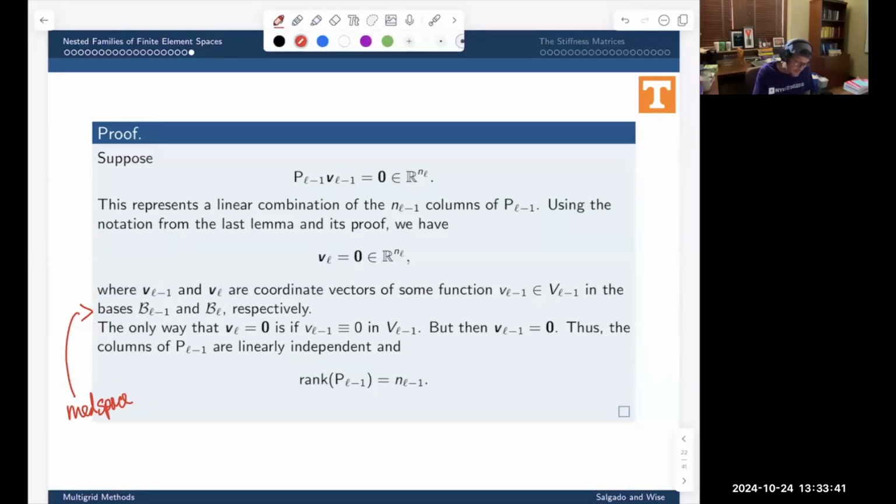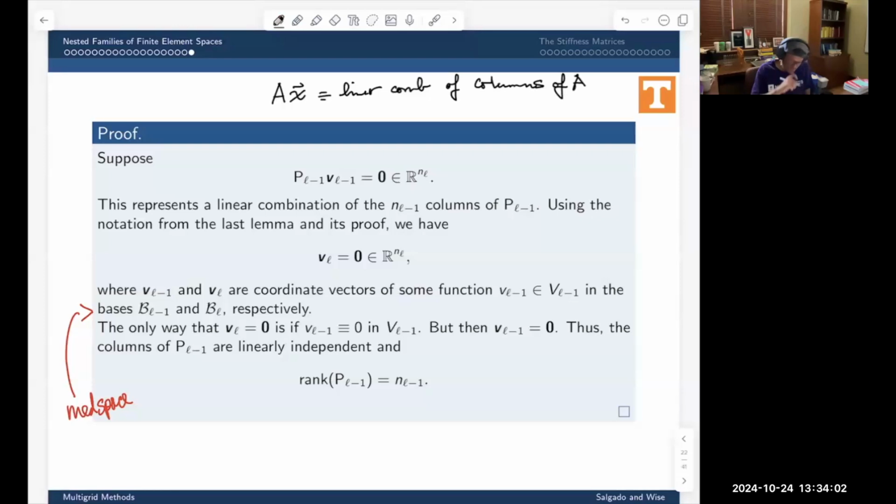The idea is anytime I make a product, Ax, this can be thought of as a linear combination of the columns. I hope you all remember that.